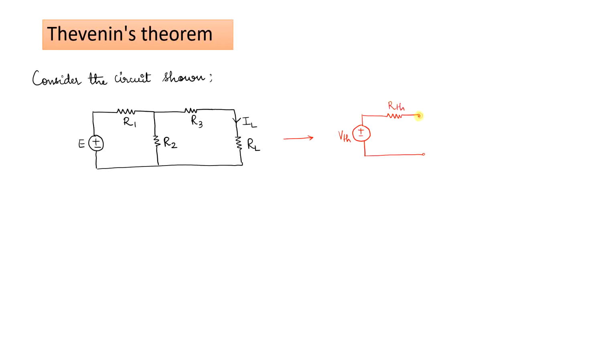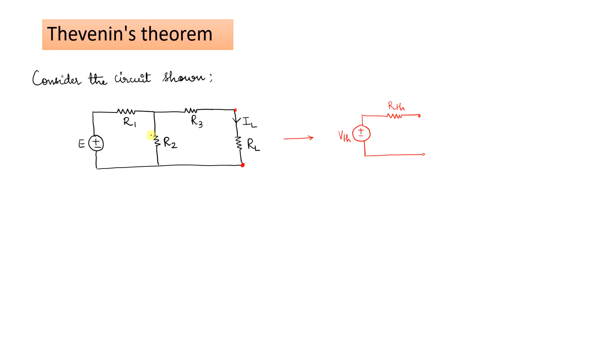How to do this: first, identify in the circuit where the load is connected. Identify the two terminals across which the load is connected. Once you identify these two terminals, you have to remove the load and make it an open circuit.